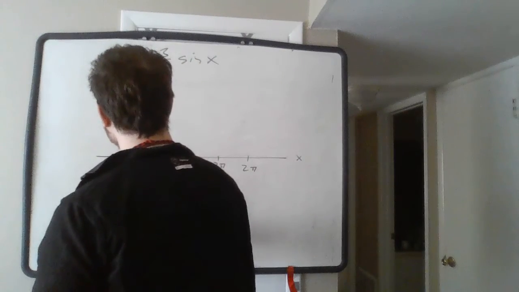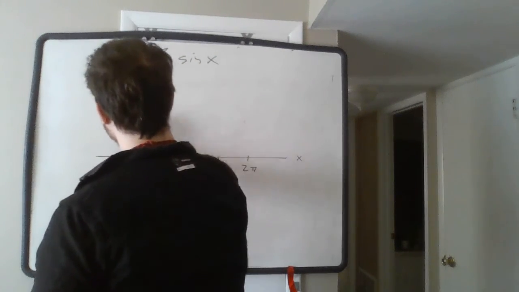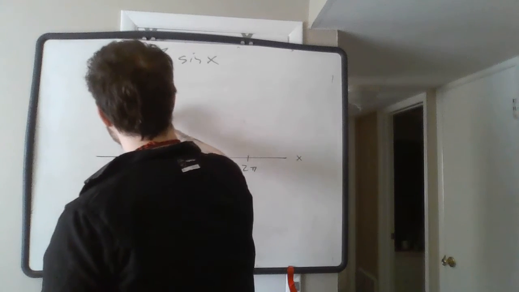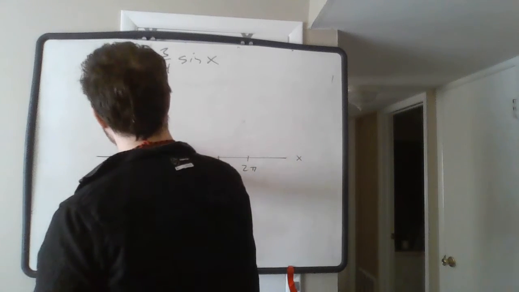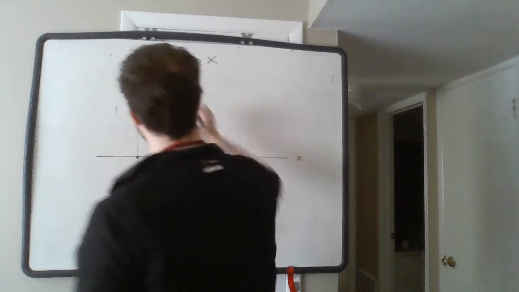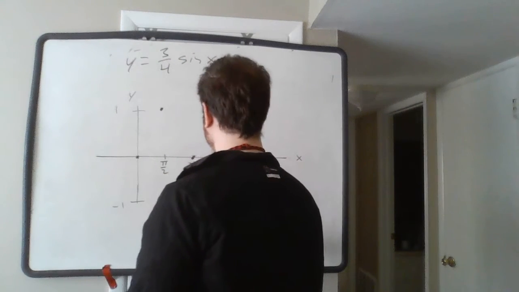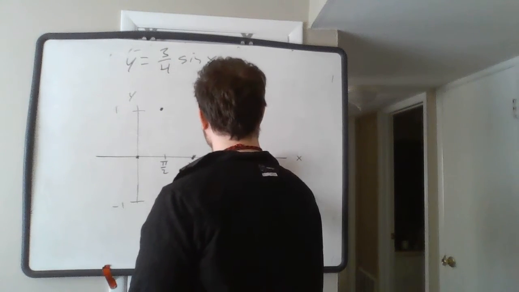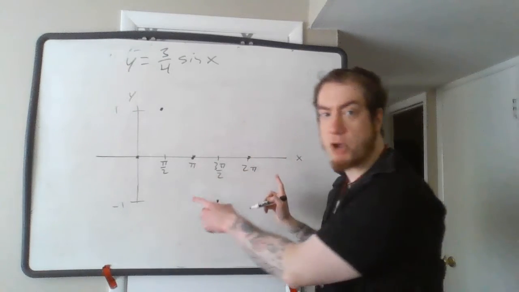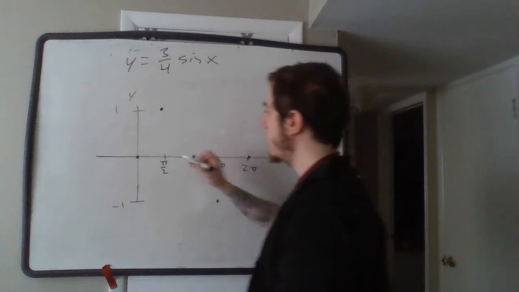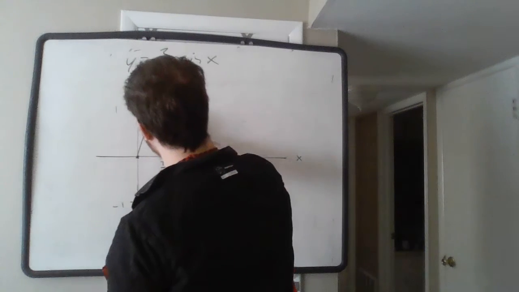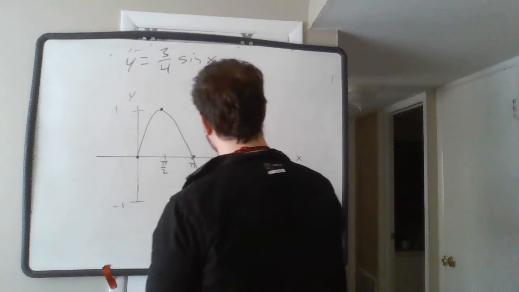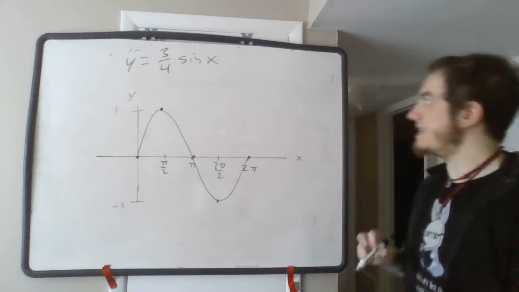Now, if I start off by just graphing the regular sine function, going from +1 to -1, then sine is going to start here at 0. It's going to go up to +1, come back to 0, go down to -1, and then come back to 0. And that gets me over one full period. So we would get our basic sinusoidal shape here going like this.